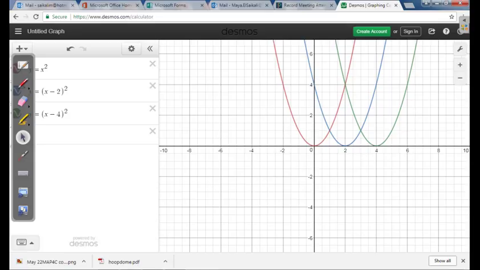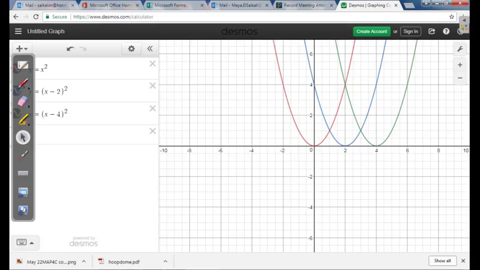Now, explain to me what that h is. We call it h, the letter h. What is it doing to the vertex? Is it changing the x value of the vertex or the y value? The x value. Do you remember what the x value represents?